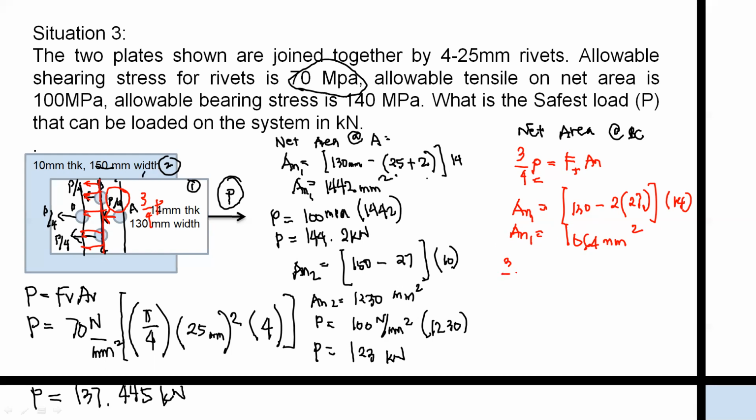And for 3/4 of P equal to 100 is the allowable tensile stress multiplied to 1064 square millimeter. Okay, now the value of our P here would be 141.867 kilonewton.